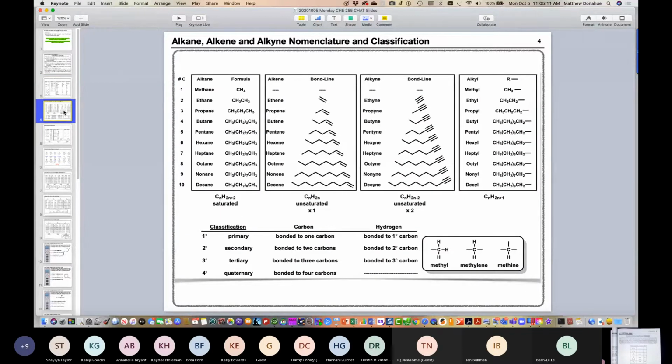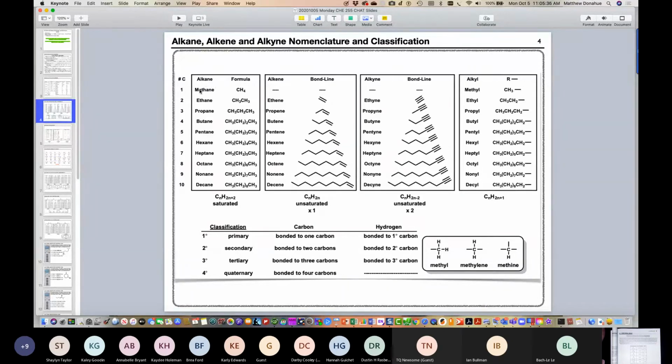We're going to start with alkanes, and I don't think it should be a big surprise to you. This box here has your carbon count from 1, 2, 3, 4, 5, 6, 7, 8, 9, 10. Alkane ends in ane, and so these things are named.